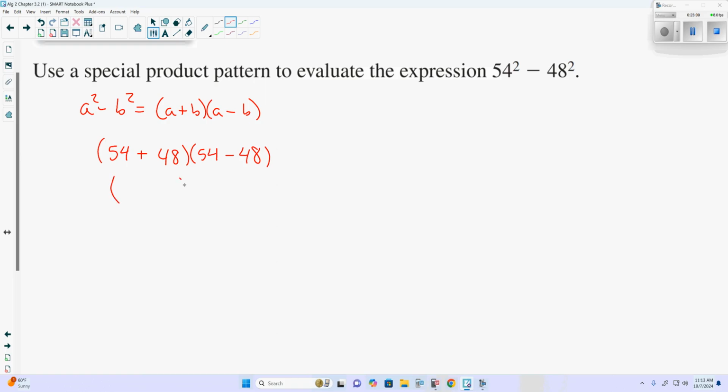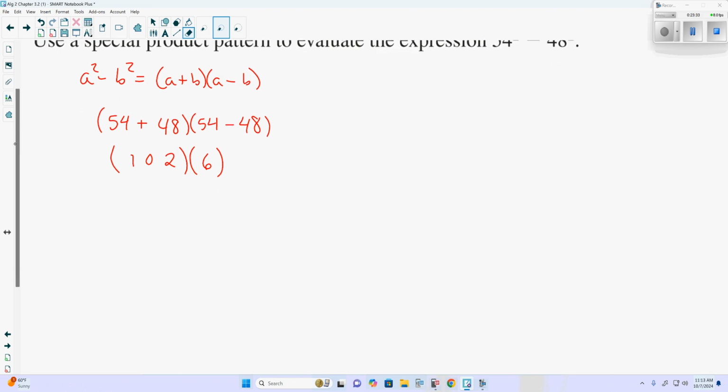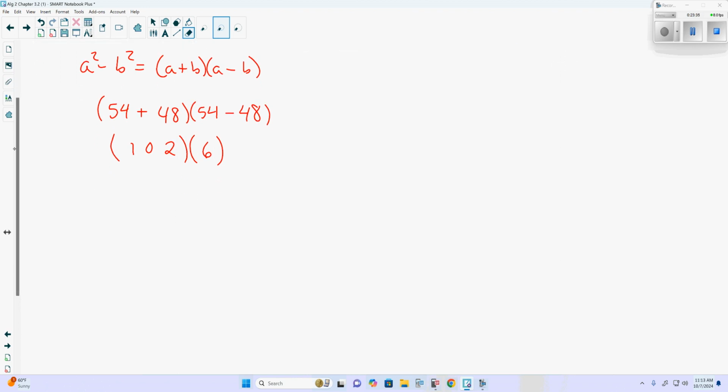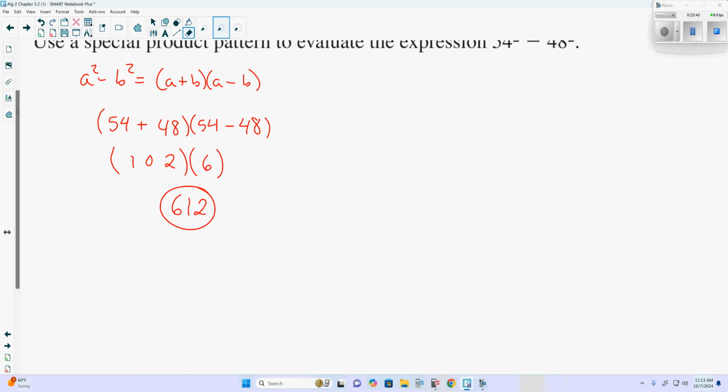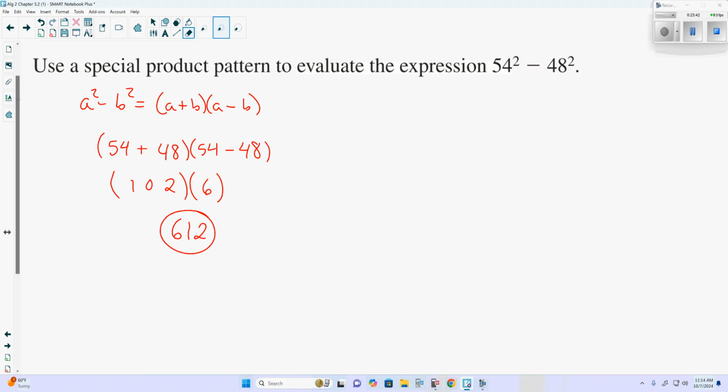Now 54 plus 48 is, carry the 1, 102. 54 minus 48 is 6. And we multiply this together and get 612.